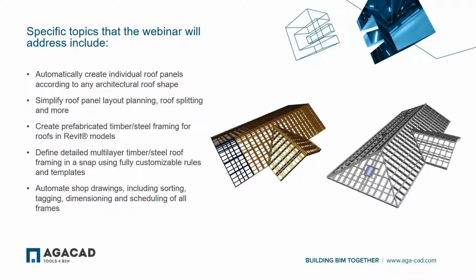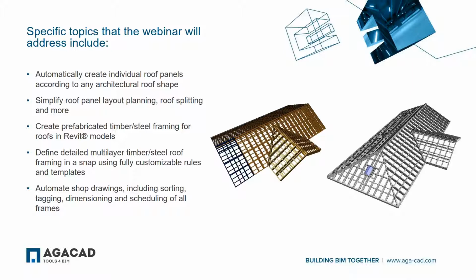Specific topics that the webinar will address include automatically creating individual roof panels according to any architectural roof shape, simplifying roof panel layout planning, roof splitting, and more. Create prefabricated timber and steel framing for roofs in Revit models.